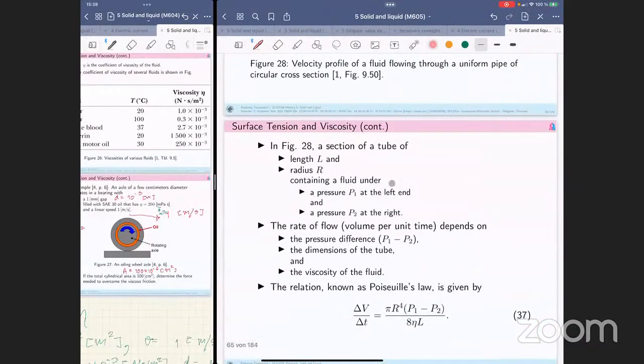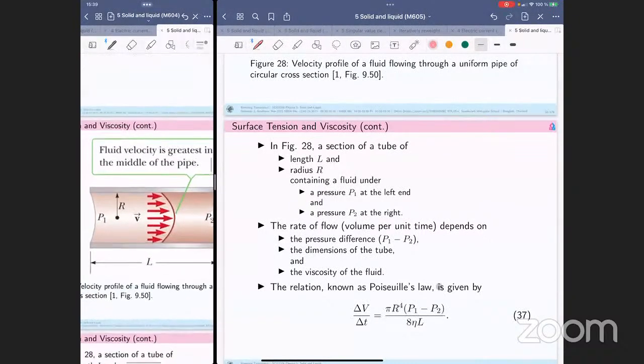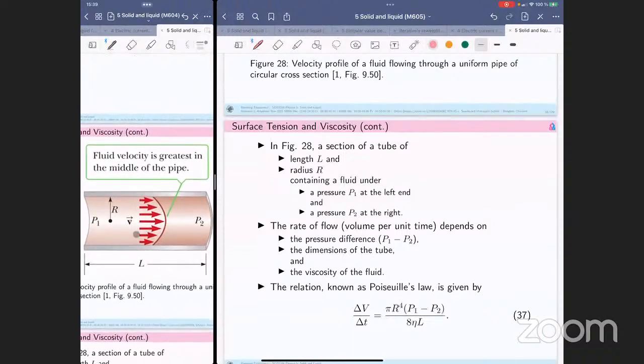And this person, Poiseuille, is a French scientist, has found the relation between several factors in this setup, right? Of course, if you have more radius, you have a bigger pipe, the flow rate increases.